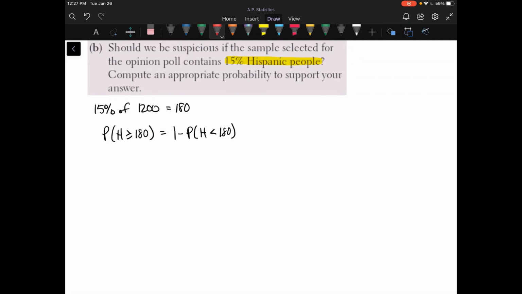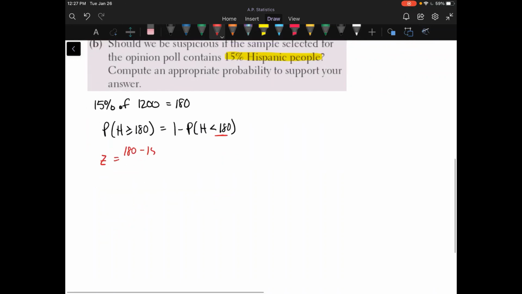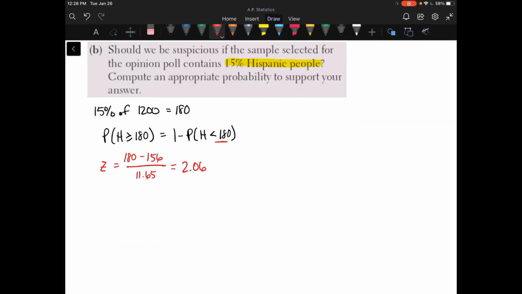We'll standardize the 180. We will find 2.06 on table A to find the probability to the left of 2.06. That gives us the probability of Z being less than or equal to 2.06 equals 0.9803.